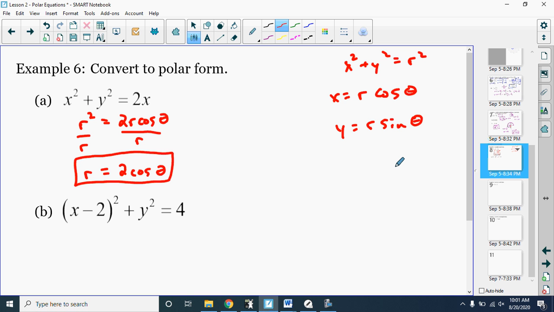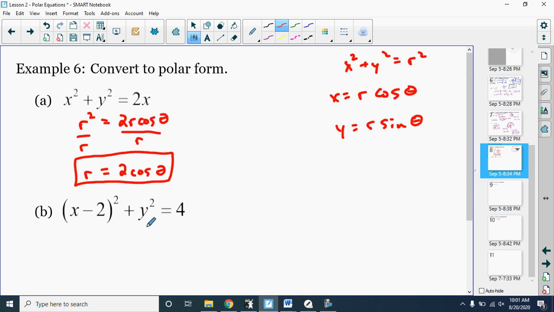Part B says (x minus 2) squared plus y squared equals 4. You could substitute right away, or like here, I had x squared plus y squared, and if I have that, I can replace it with r squared right away.